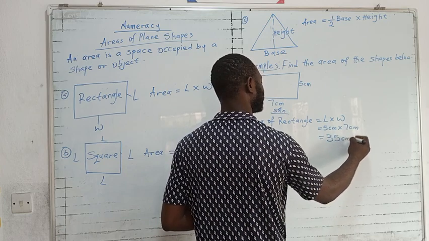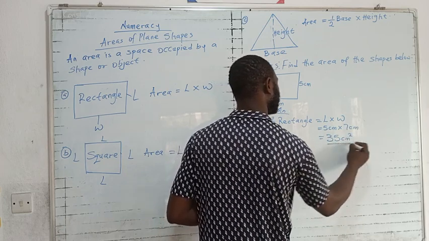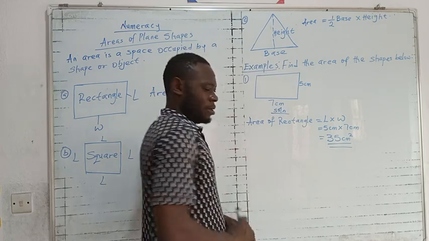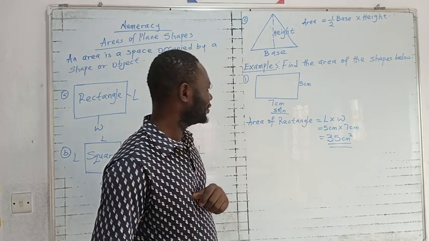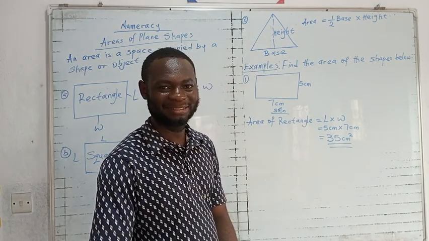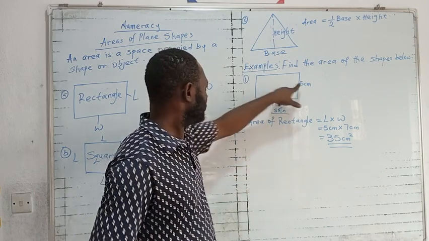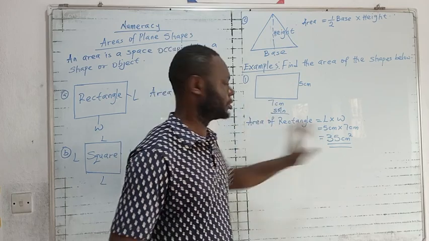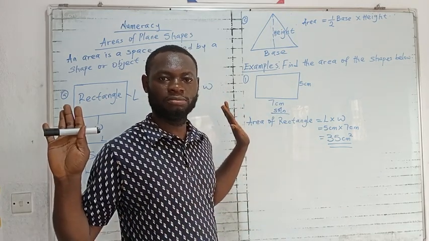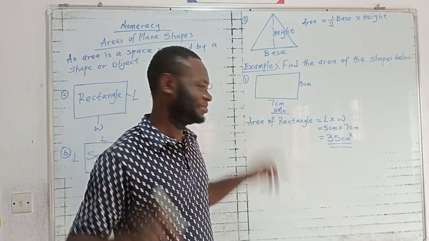So our answer becomes 35 centimeter square. See how simple it is? Simply use this place times this place to get your answer. And that's just it.